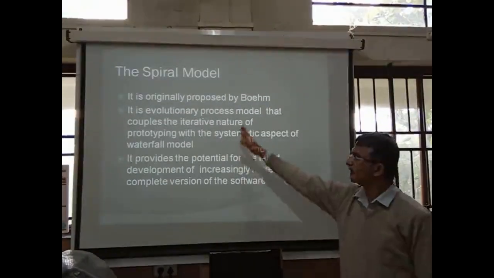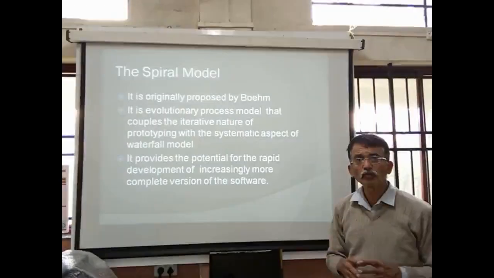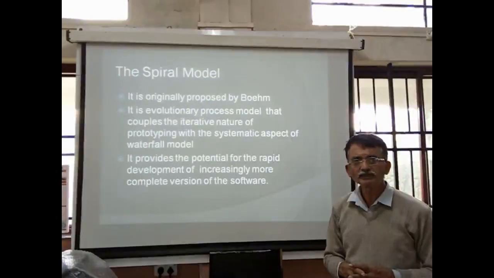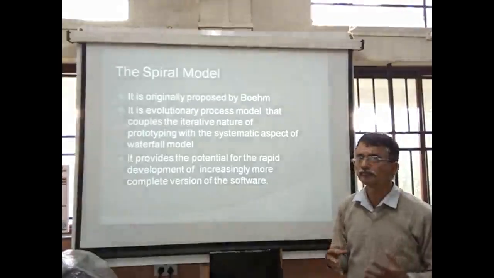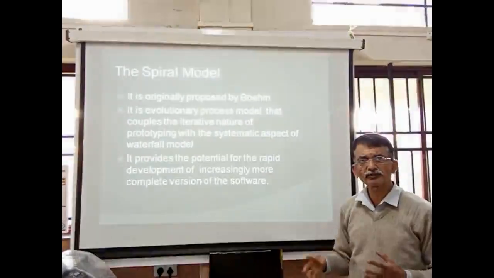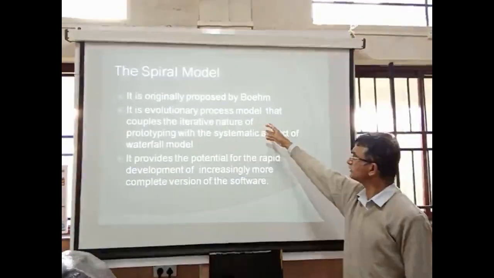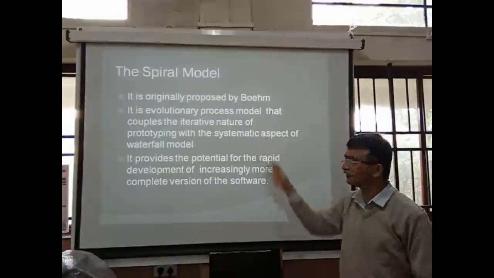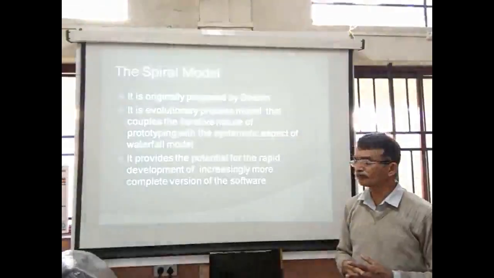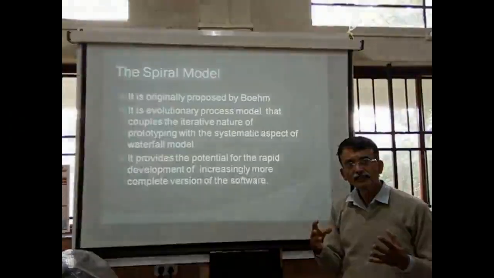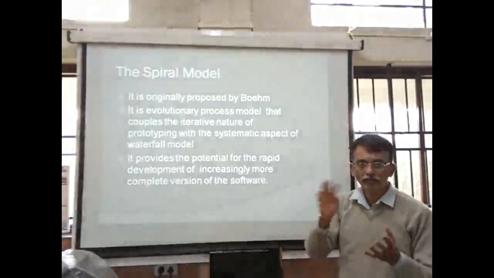You know, this spiral model was originally given by one scientist called Boehm. Okay, he has given this model, so it is also called Boehm's model. It is an evolutionary process model that couples the iterative nature of prototyping with the classical aspects of the waterfall model.